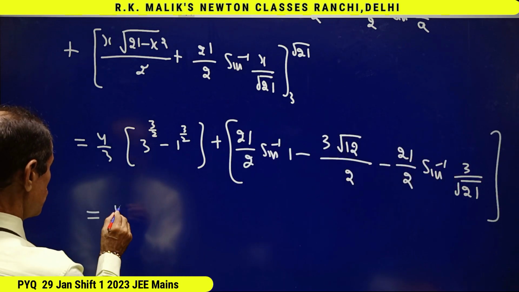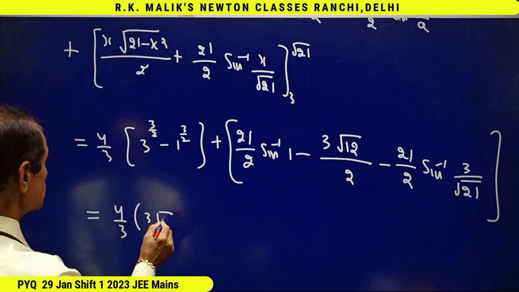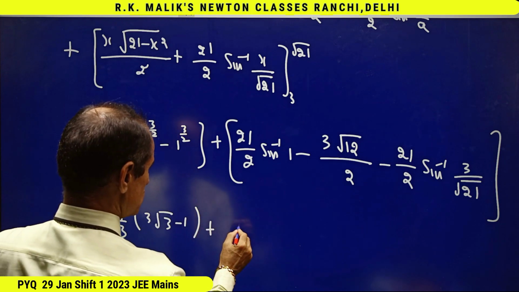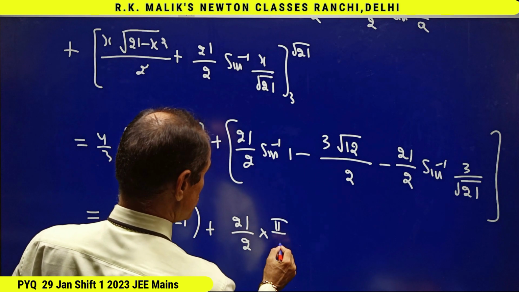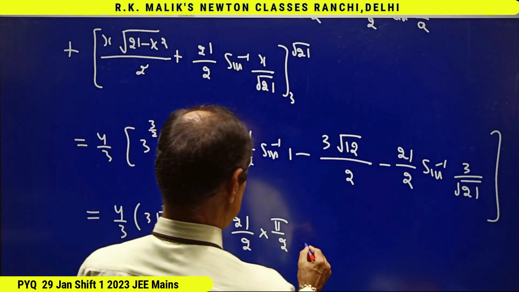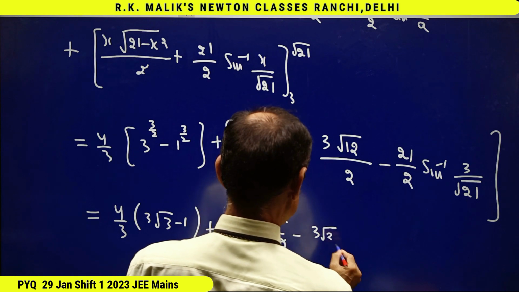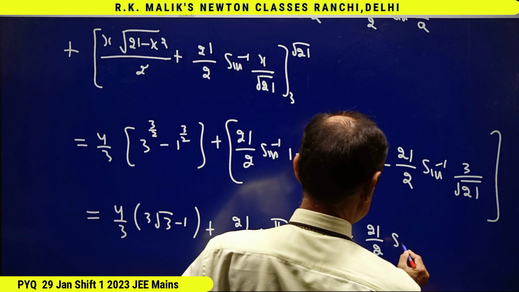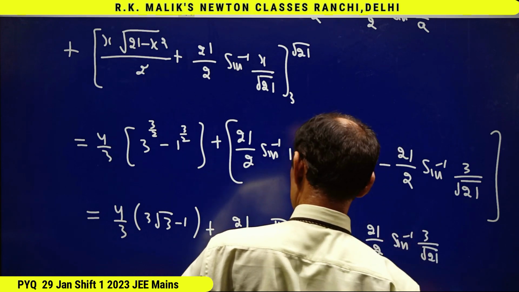That is 4 by 3 into 3 root 3 minus 1 plus 21 by 2 into pi by 2, minus 3 root 3 minus 21 by 2 sin inverse 3 by under root 21.